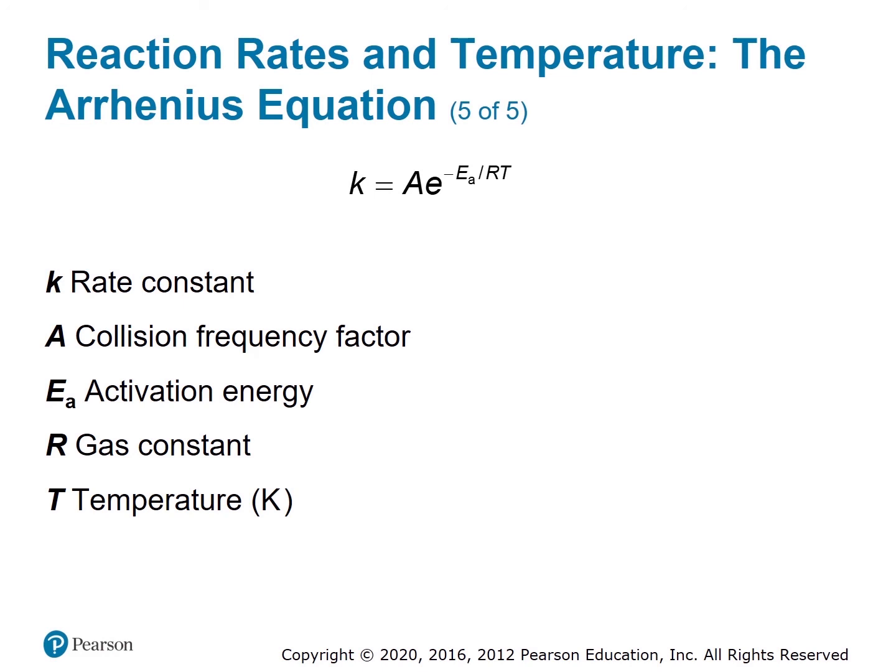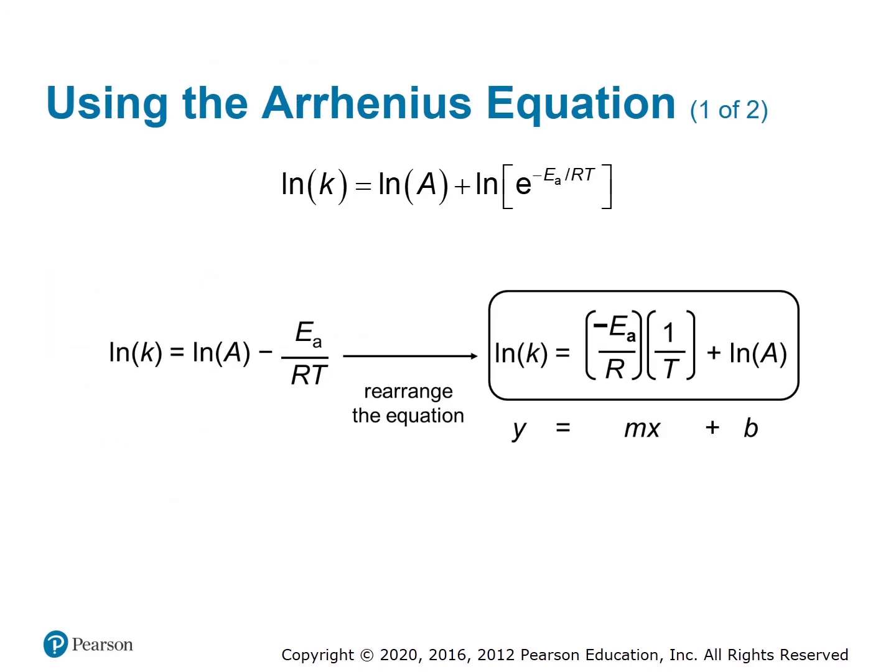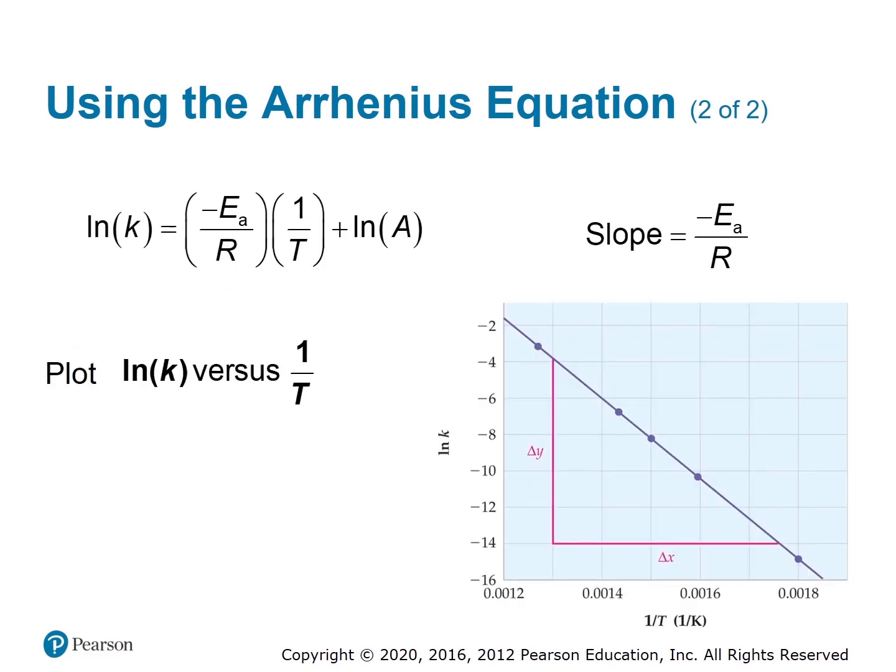We can use the Arrhenius equation to experimentally determine the activation energy for a reaction. By rearranging the equation and plotting the natural log of the rate constant against 1 over temperature, we get a straight line plot. The slope of this plot is negative EA over R. Since R is a constant, 8.314 joules per mole Kelvin, we can find the activation energy, EA.